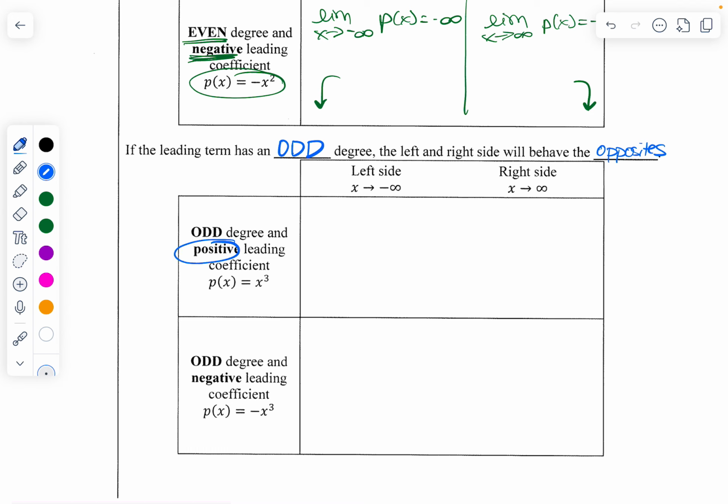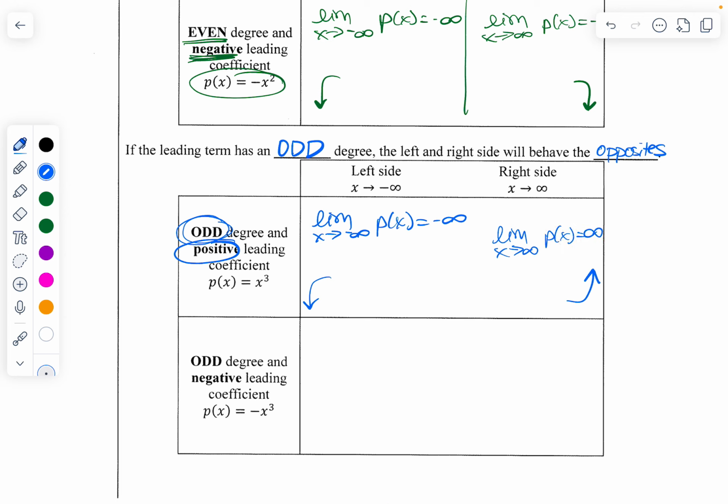So if it's odd and positive, the right side is going to go up. And because it's opposite, the left side will go down. So here we go. The limit as x approaches negative infinity, P of x will go to negative infinity. And on the right side, as x approaches infinity, P of x will go up to positive infinity.